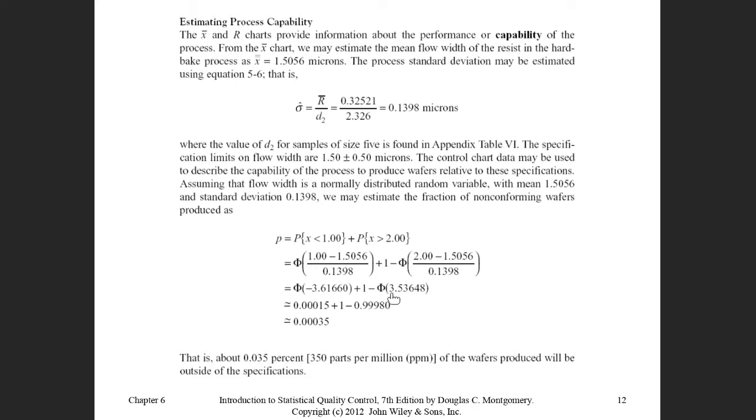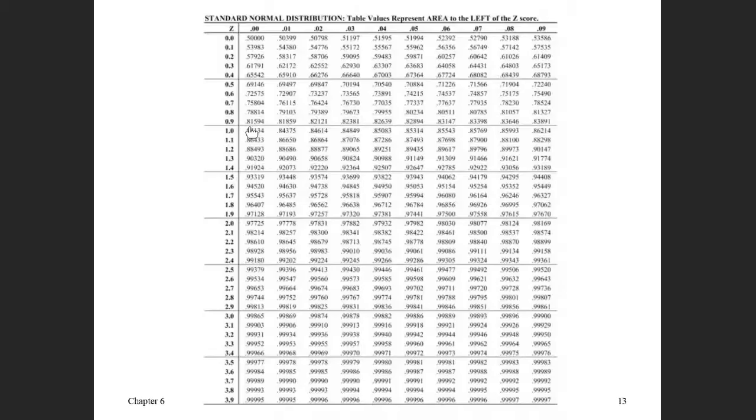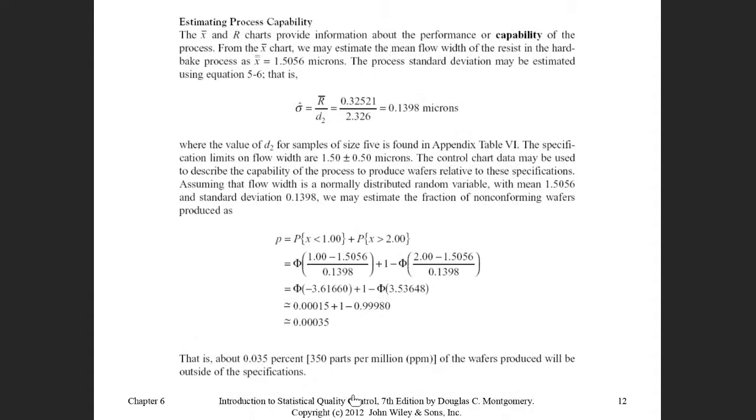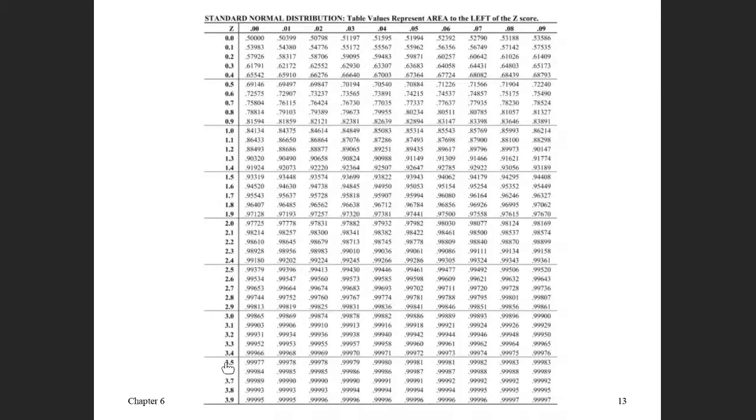To find the value of the z-score in the table, we go to the z-table that we covered in statistics and look for those values. For this example, I have listed here the z-table for the left area of the normal distribution. So we look for 3.6, then 3.61.